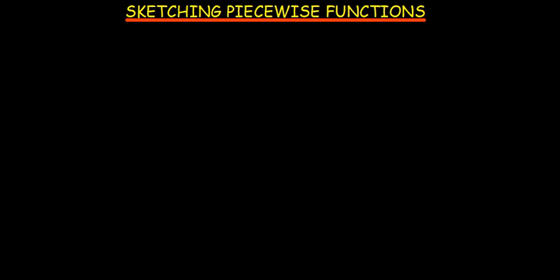Let's say we've been asked to sketch a function f of x, and that is equal to x squared plus 1, and this is for x less than negative 2.